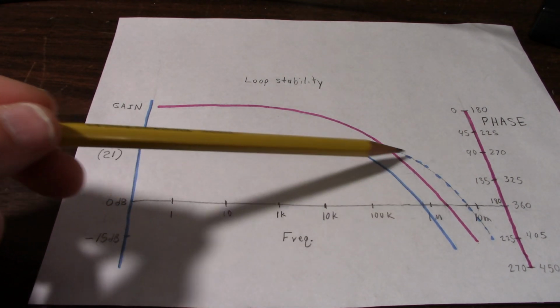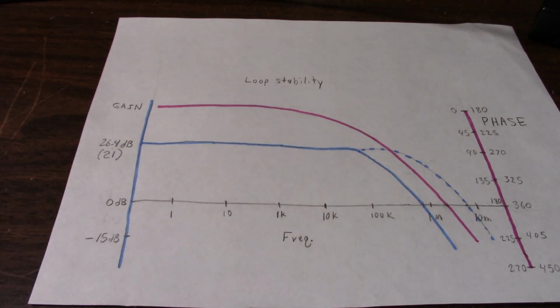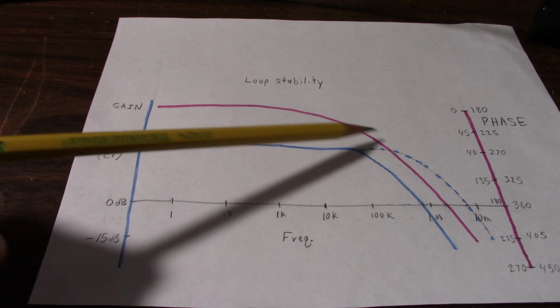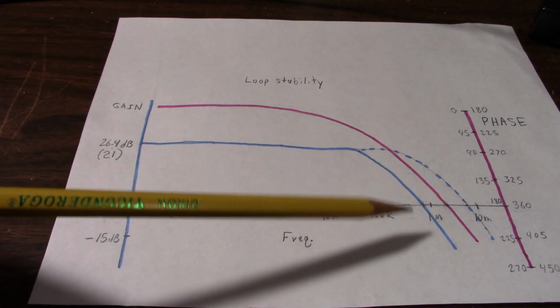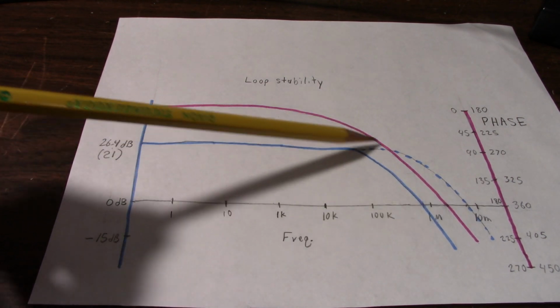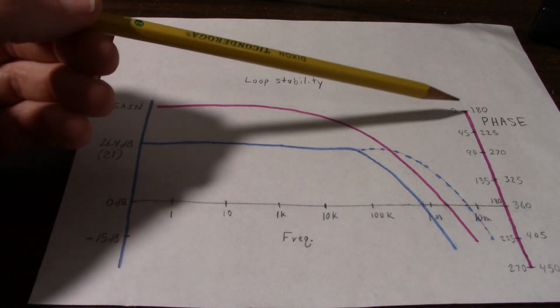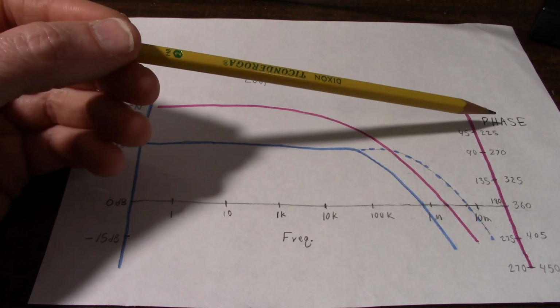But the dotted blue line amplifier extends out to a much higher frequency. Now, to keep things simple, I'm showing only one phase response line for both amplifiers. In the real world they would be different, but again, just to keep this discussion simple, I'm just using one phase line. And this purple line corresponds with the vertical axis on the right here, showing phase.